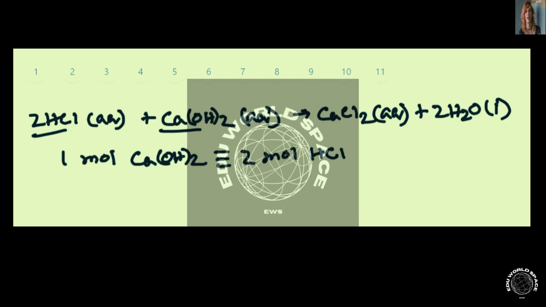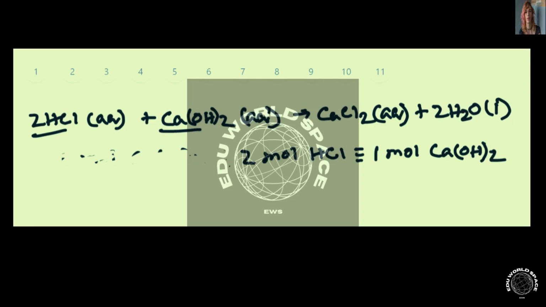That means we have found the number of mole of HCl, so what we'll do is we'll write it down the other way. Two mole HCl will be needed to neutralize 1 mole of calcium hydroxide.